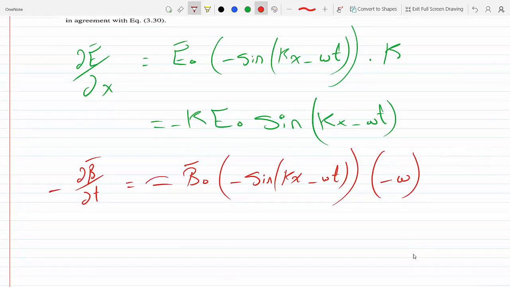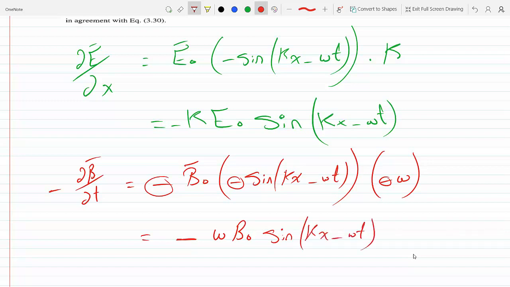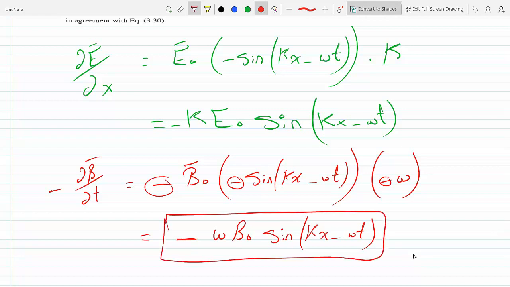And so you have three minuses, so that's a minus. So minus omega B0 sine(kx minus omega t).